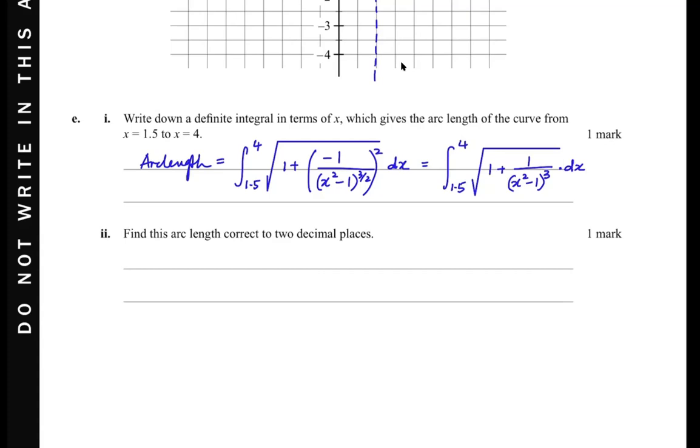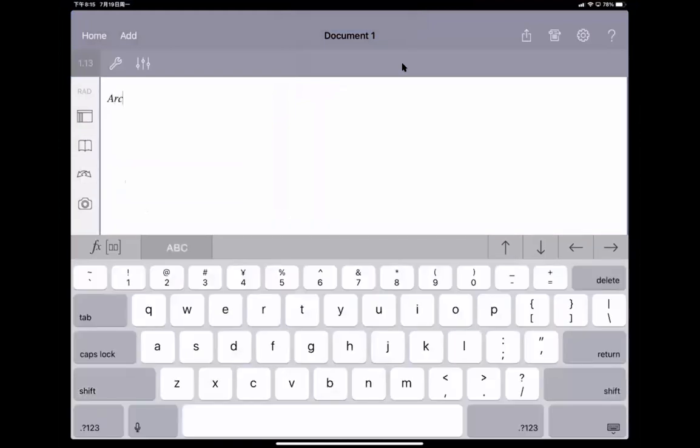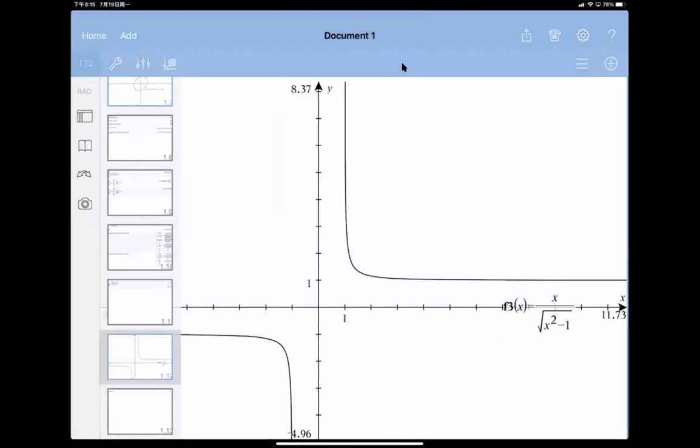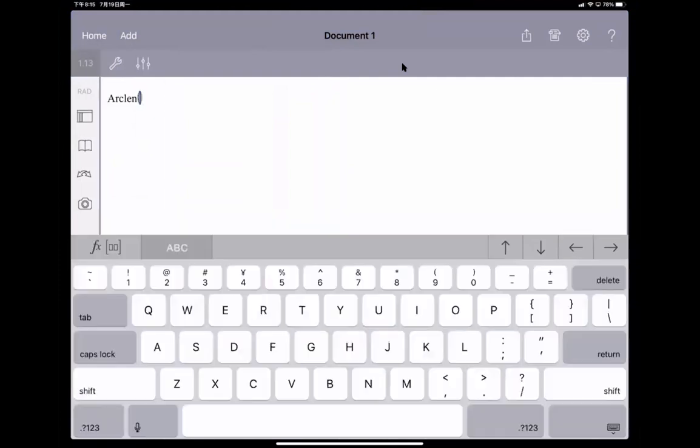The arc length, if you calculate that one, arc length. Which function is that one? Okay, f3 of x. f3 of x, comma x, comma 1.5, comma 4.